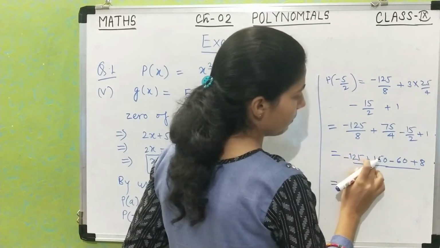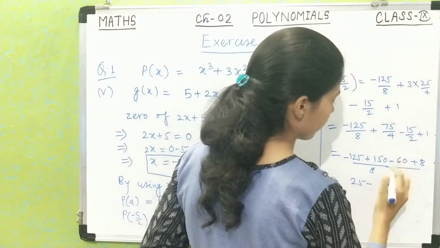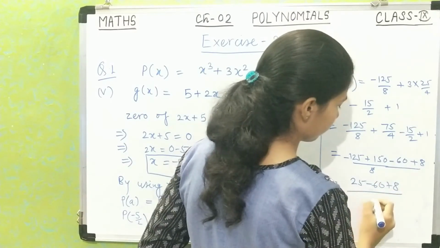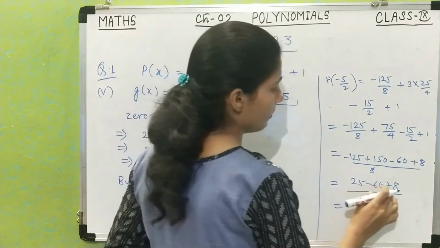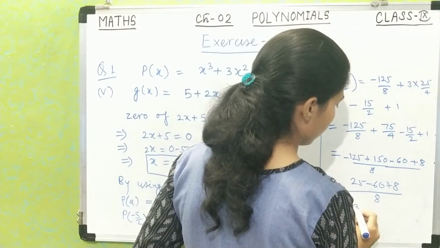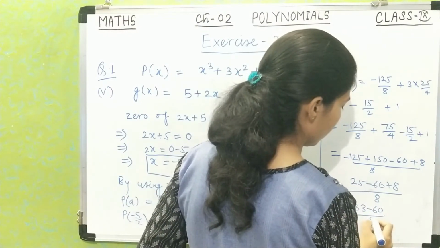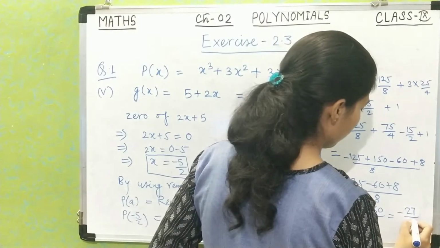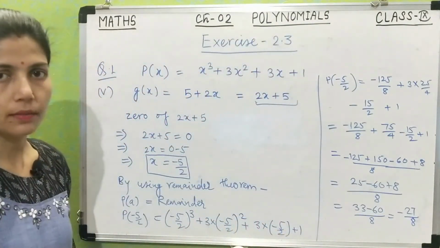Minus 125 plus 150 is 25, minus 60 plus 8. Now see, 25 plus 8 is 33, minus 60 upon 8. So minus 27 upon 8 will be its remainder.